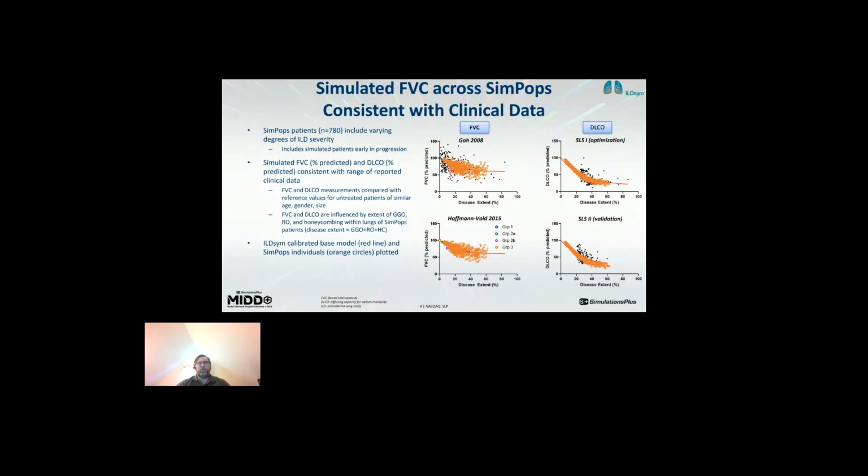And there are a large number of orange circles here, but you can see that the cloud of orange circles for FVC is comparing reasonably well against the data cloud that's underneath it. And we're doing that both in terms of the available data under the upper left figure here for FVC and DLCO. So the data cloud's a little bit tighter there, but we're comparing well.